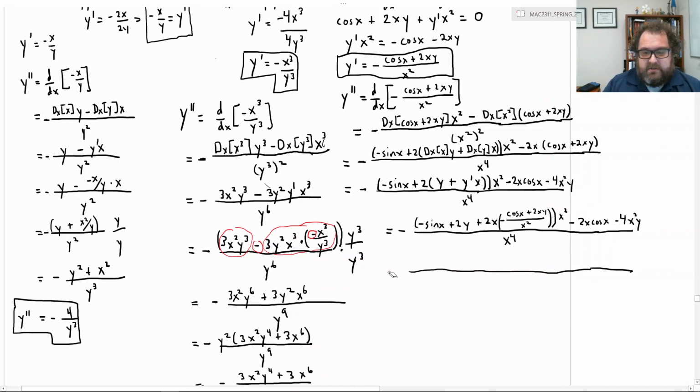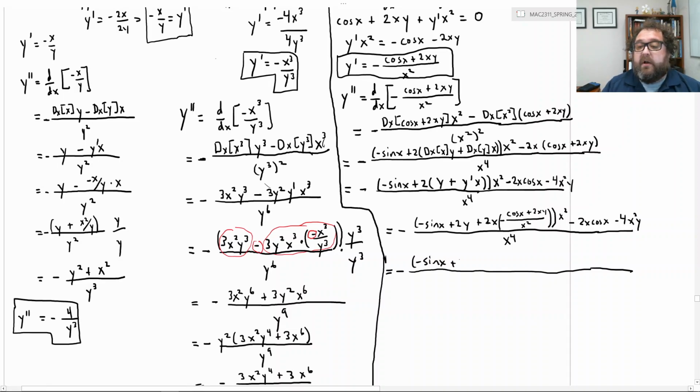which is the 2x. Oh, I didn't mean to do that. I meant to erase that equals sign, because I almost forgot my negative sign. Okay, so what I'm going to do is negative sine x plus 2y plus, I'm going to distribute this 2x.